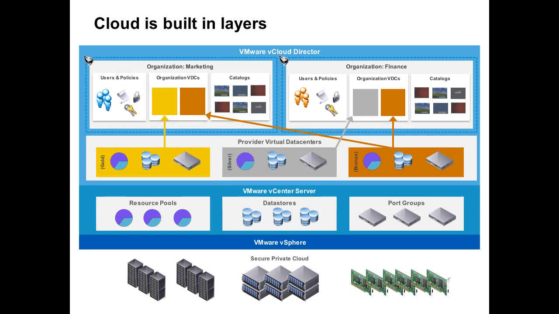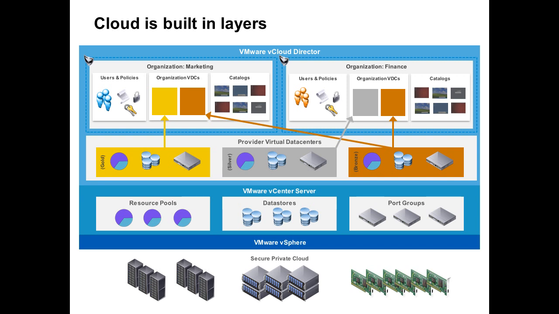So your provider virtual data centers, you map your resource pools, data stores and port groups through to different service levels, so gold, silver or bronze for example. And then you build out on top of that your organizations, so marketing and finance, which allows you to create your users and policies. Now, an organization is a multi-tenant boundary within vCloud Director.